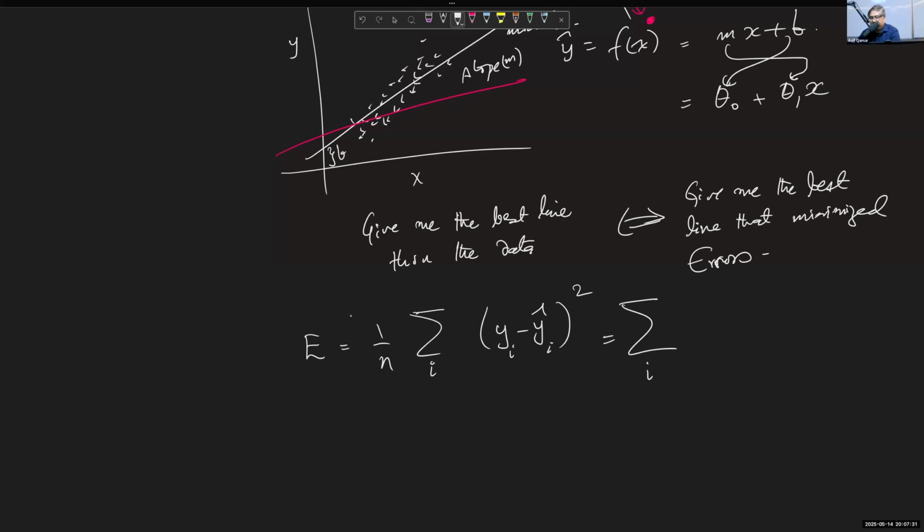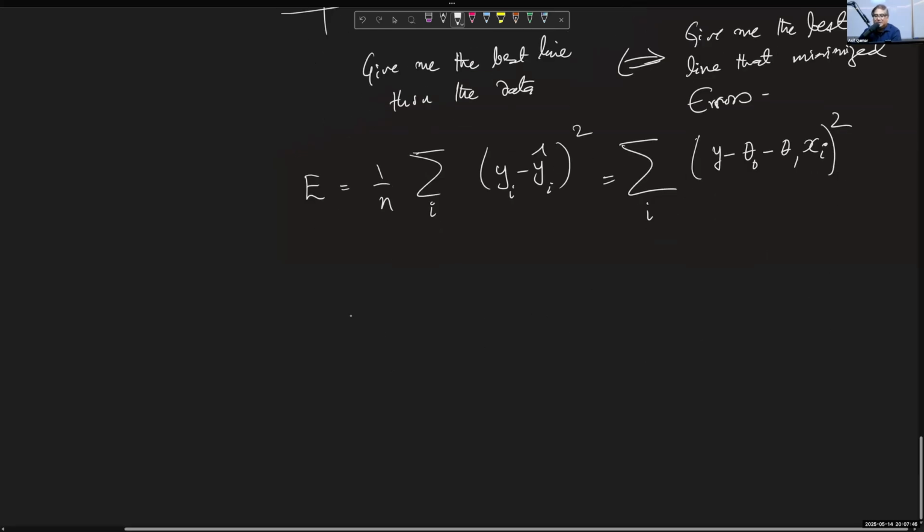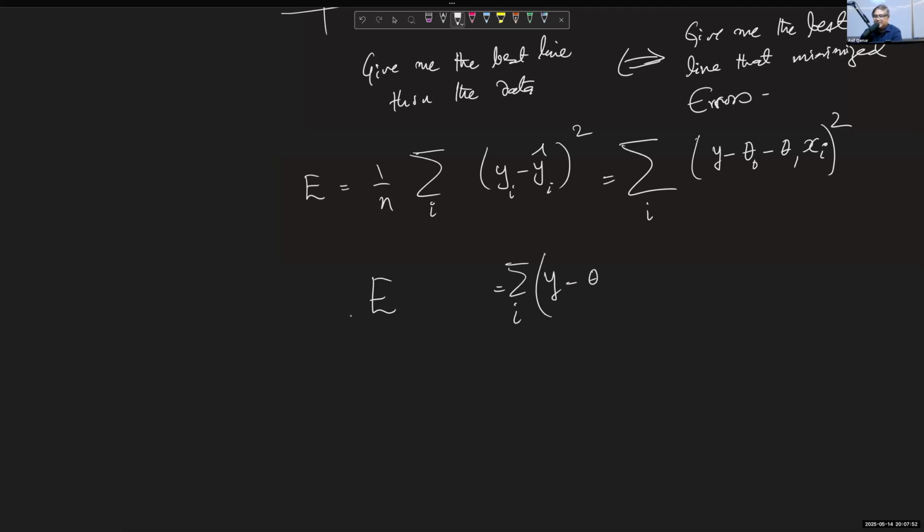Ignore the i subscripts, because in the beginning it might be theta naught plus theta 1 x_i, squared. So the error is written as a function. E is now a summation over i. I'll just rewrite it here: theta naught plus theta 1 x_i, squared.